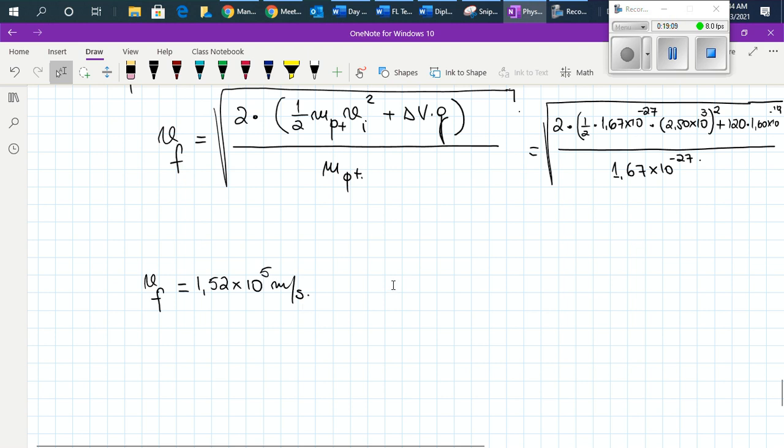So there is no resistance into proton being a positively charged particle moving toward the negative plate. Okay.